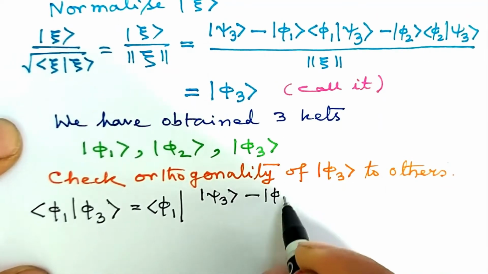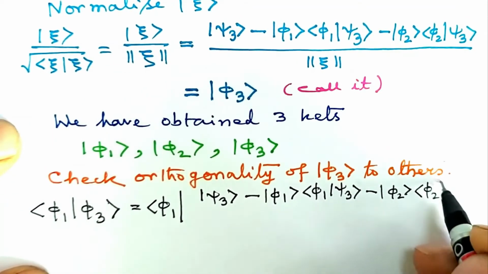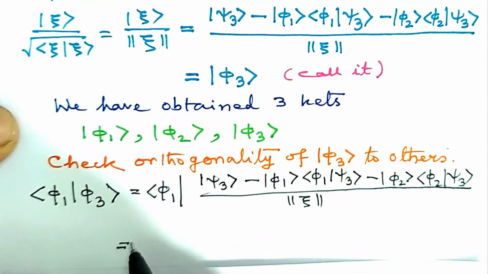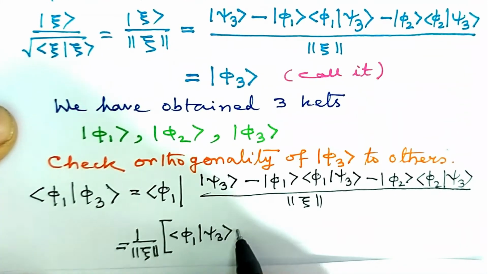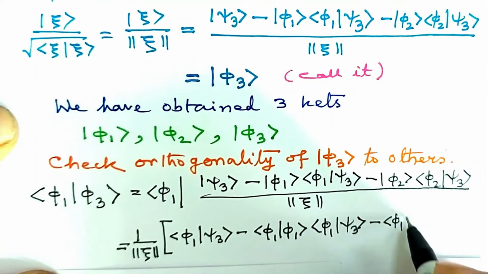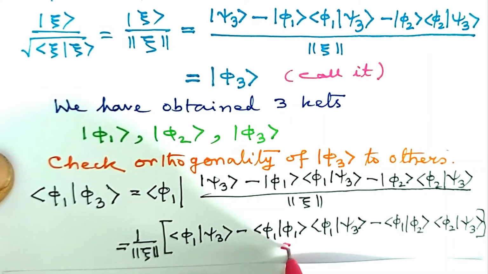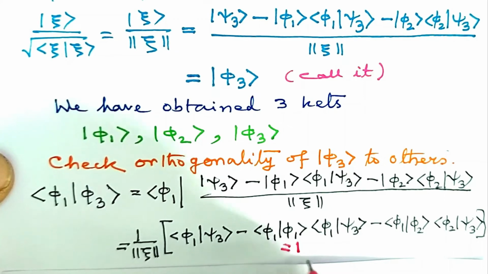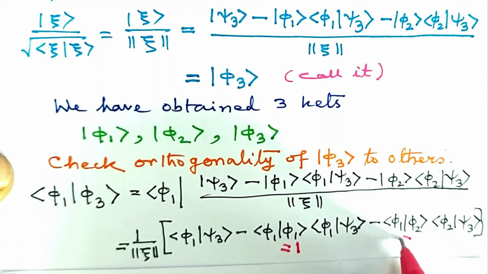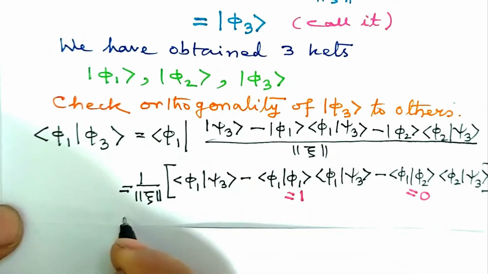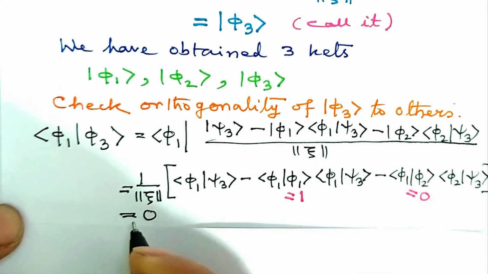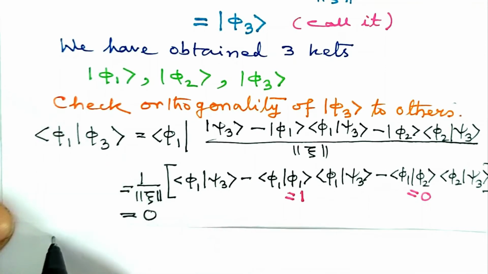Putting the expression for ket phi 3, we get, and since ket phi 1 is normalized, this is 1. Since phi 1 and phi 2 are orthogonal, this is 0. This is 0, meaning that phi 1 and phi 3 are orthogonal.